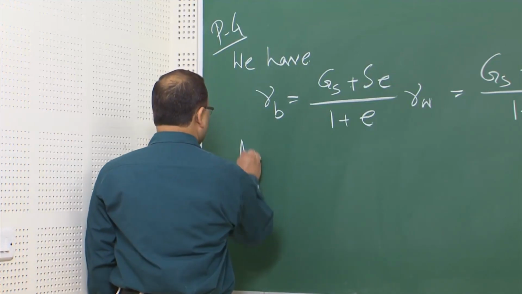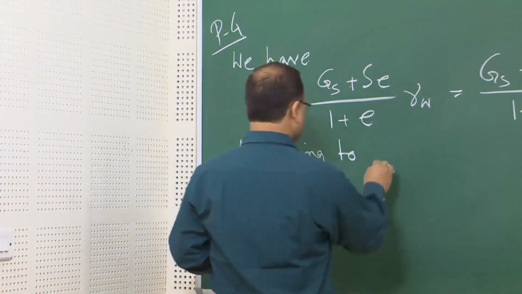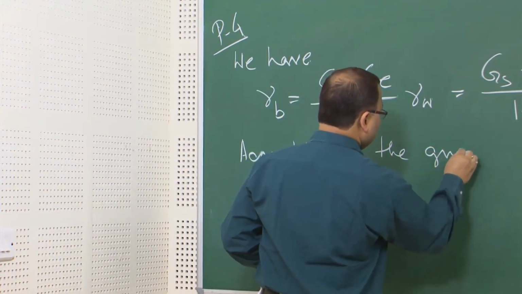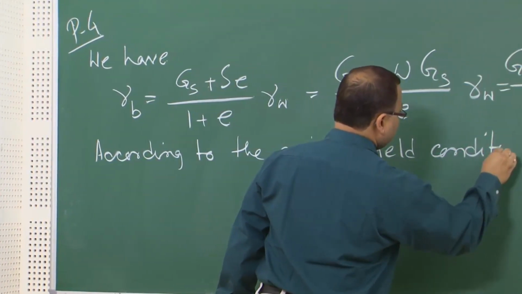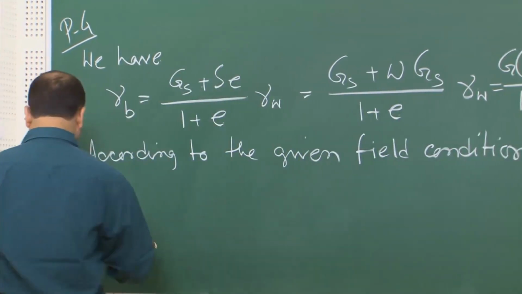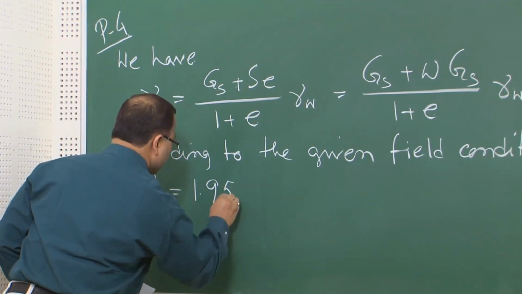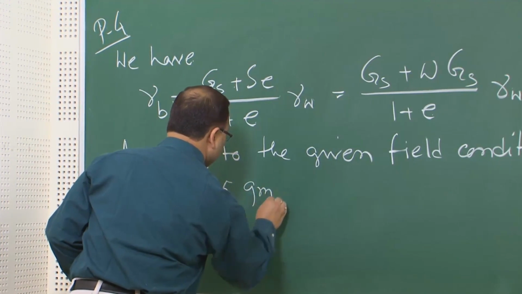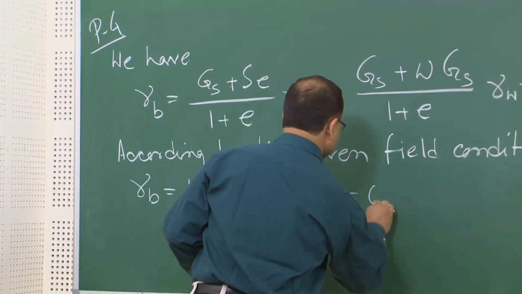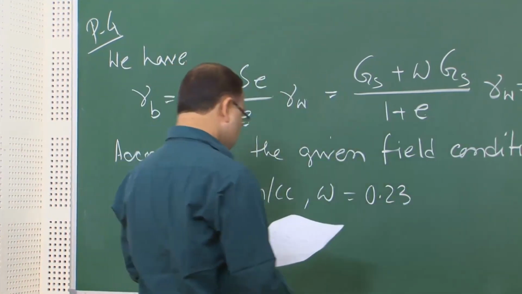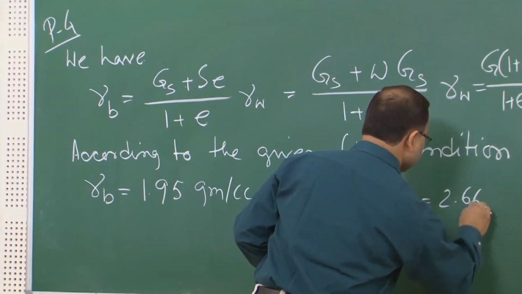According to the given field condition, we have gamma B, if you look at the problem, you will see all the parameters, 1.95 gram per cc. w is 0.23, that is the water content is 23%, and Gs is 2.66.